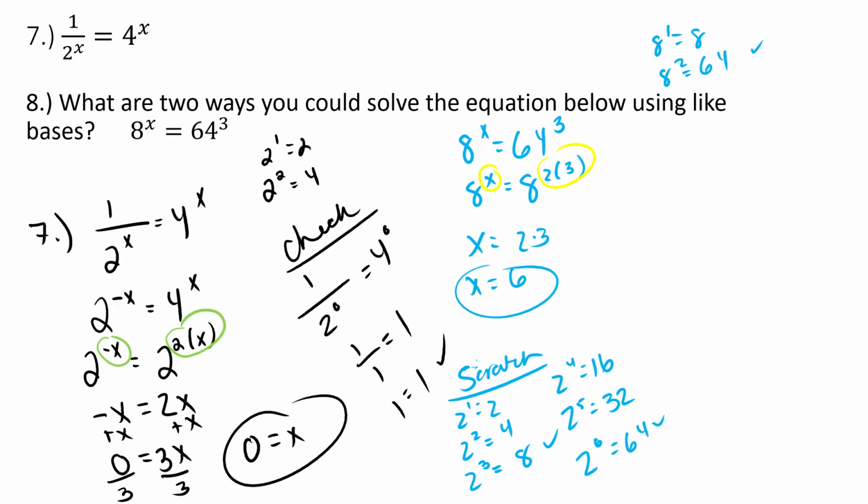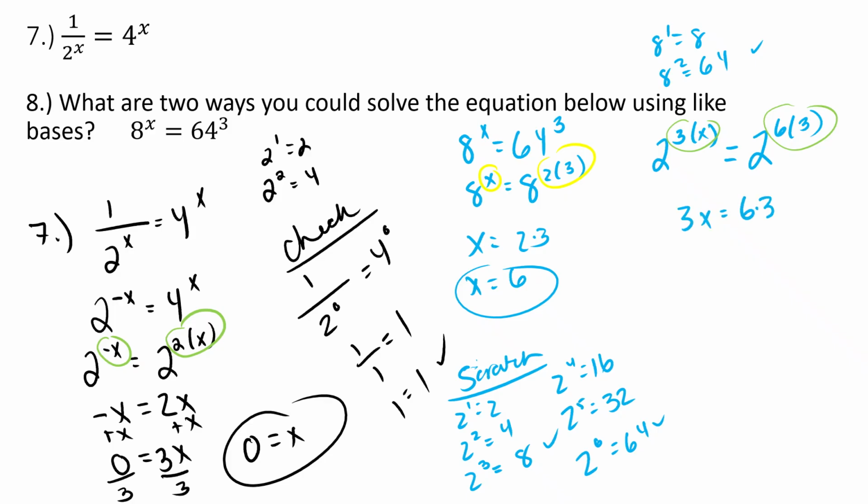So the other way you could do this is replace the 8 with 2 to the third and replace the 64 with 2 to the sixth. And so now we would have 3x is equal to 6 times 3.